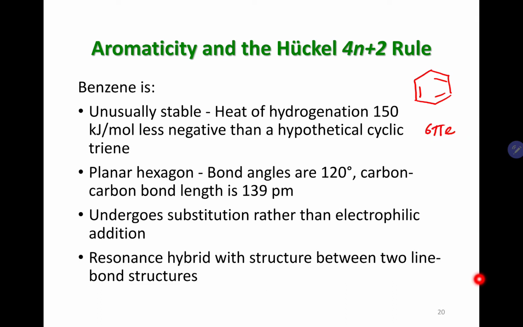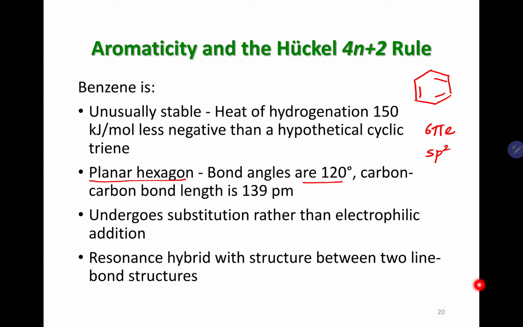It is a planar structure because all 6 carbons are sp2 hybridized. When carbons are sp2 hybridized, they have a trigonal planar geometry. So benzene is basically a planar hexagon.